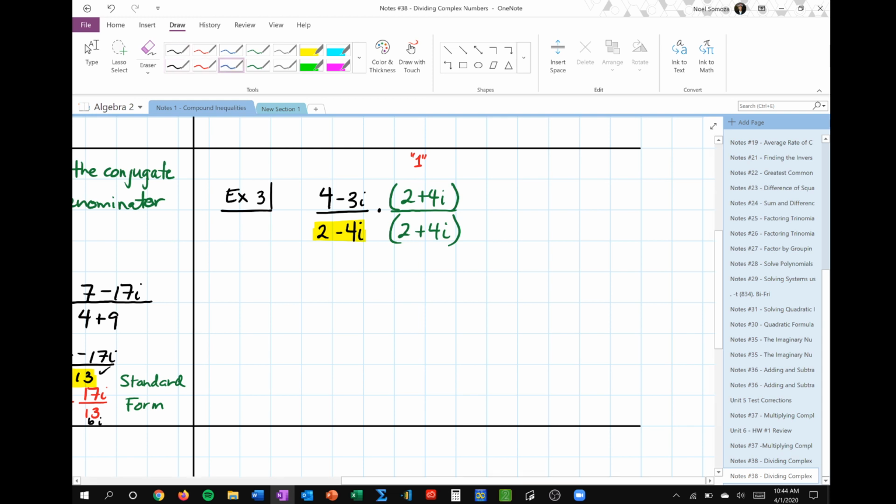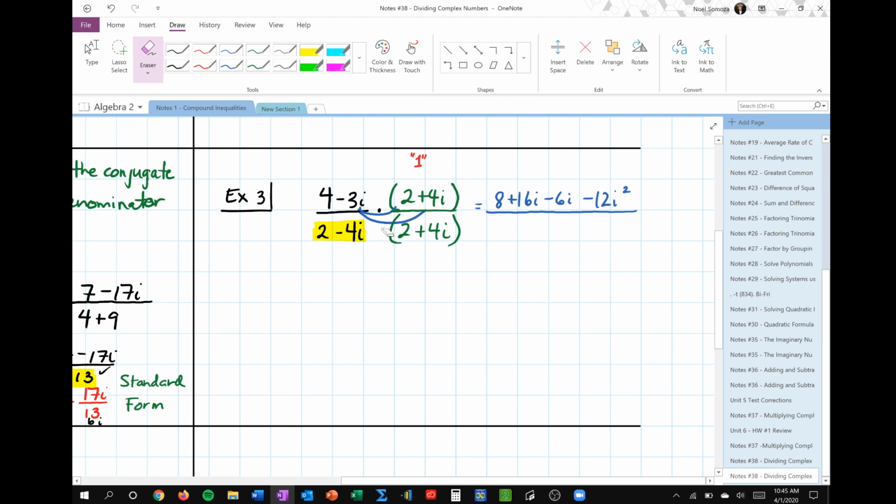So start with the numerator: 4 times 2, you get 8. 4 times 4i, that's going to be 16i. Negative 3i times 2, that's a negative 6i. And then negative 3i times a positive 4i, that'll be a negative 12i squared. Denominator now.